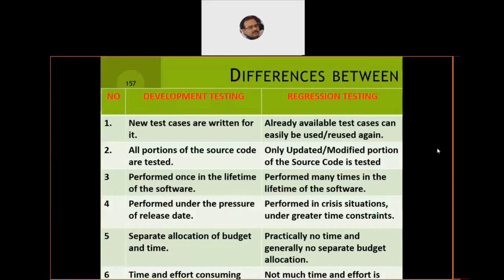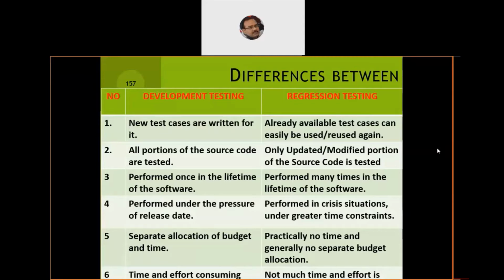Second point: all portions of the source code are stringently and properly tested during the development testing phase, and in regression testing we only need to test the specified code which has been modified. So only the updated or modified portion of the source code is tested. Let there be a program with 1000 lines of code.